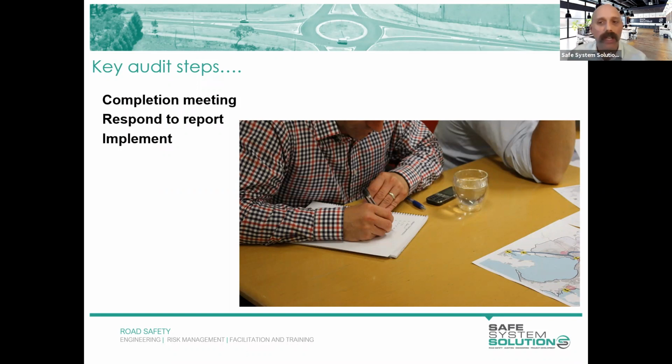It is not the road safety auditor's responsibility to check that these have been built in accordance with what was planned, or that all those issues have been followed up and responded to. The client team may decide to get you involved in some of that, but handing over your report, it's over to the designer, the project manager, the road authority to run with that. And then we want to see those implemented.